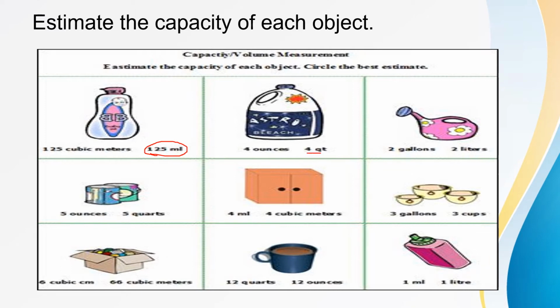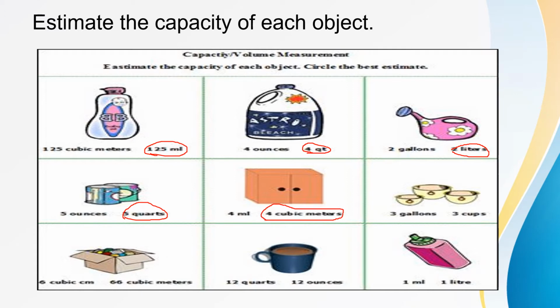It is 4 quarts. What about this container? 2 gallons or 2 liters? 2 liters. Then we have paint here, 5 ounces or 5 quarts. So it could be 5 quarts. Then we have this solid, a cube, so is it 4 ml or 4 cubic meters? It is 4 cubic meters.